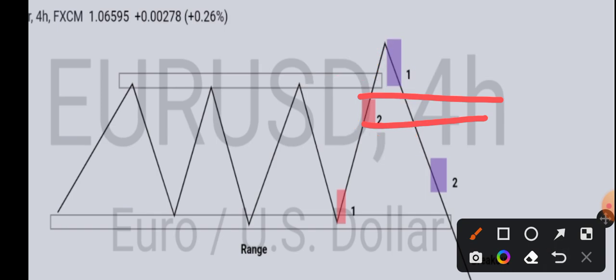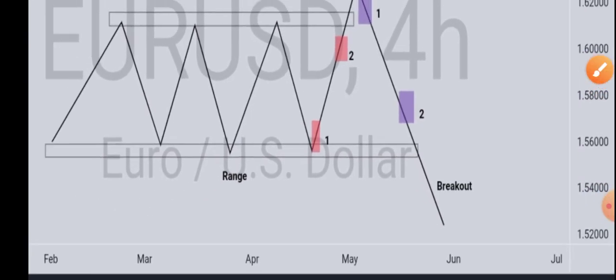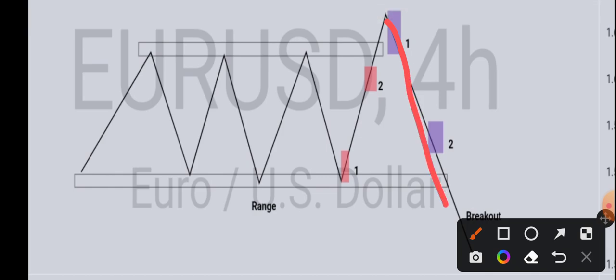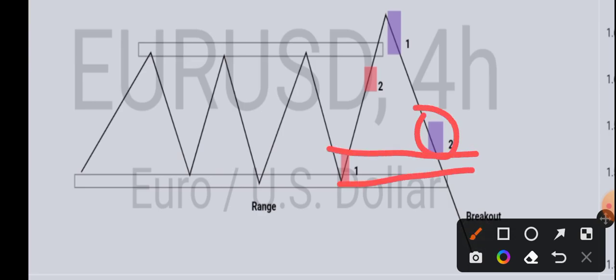For price to be able to break this structure again downwards, there is another range that was created here that made price able to break this holding demand zone that has been holding price all along.